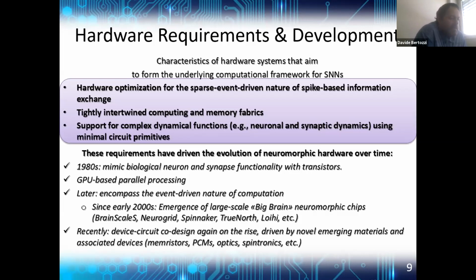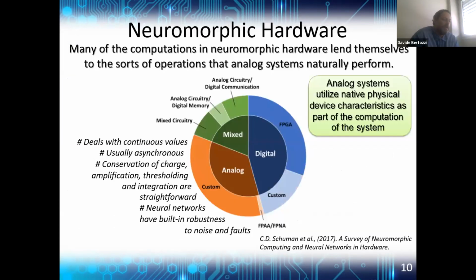These emerging technologies exhibit similar behavior to what happens in biological synapses and neurons, and this potentially leads to ultra-low power neuromorphic circuits, although the potential still has to be fully exploited. Many of the computations in neuromorphic hardware lend themselves to the sort of operations that analog systems naturally perform. And that's why analog realizations are so popular in this domain.